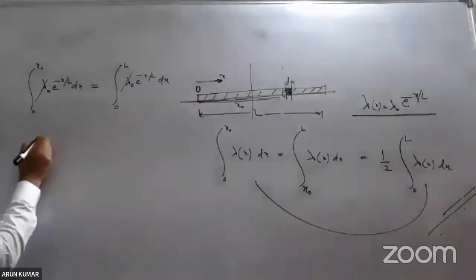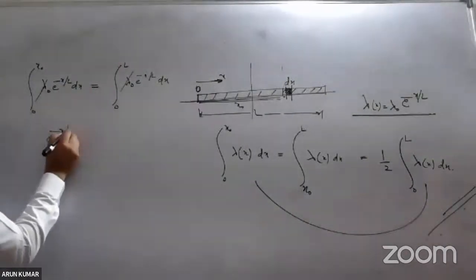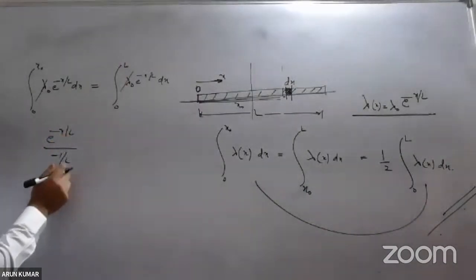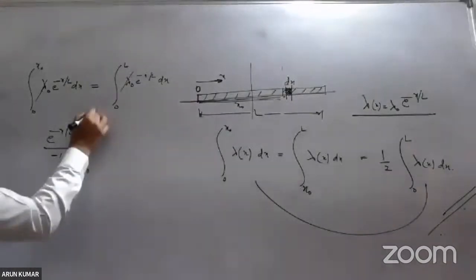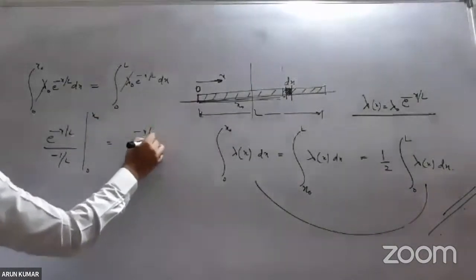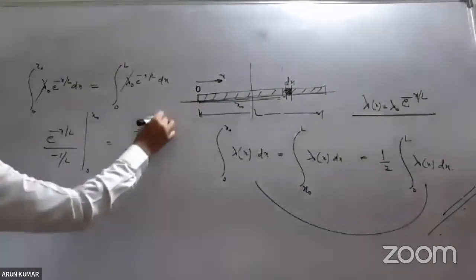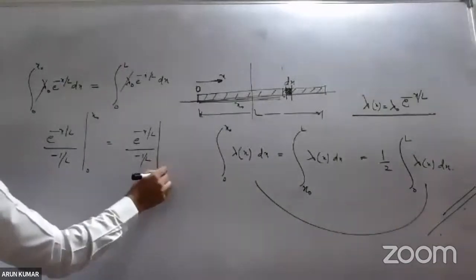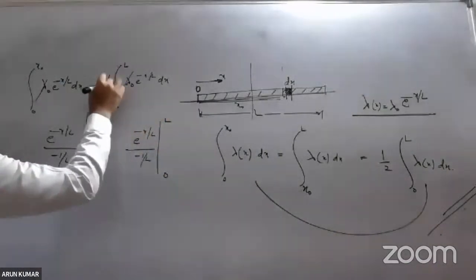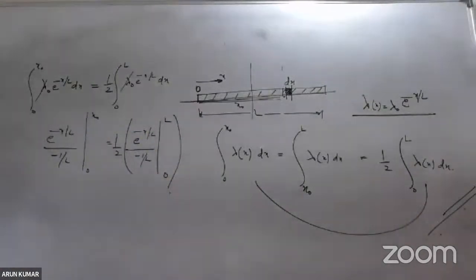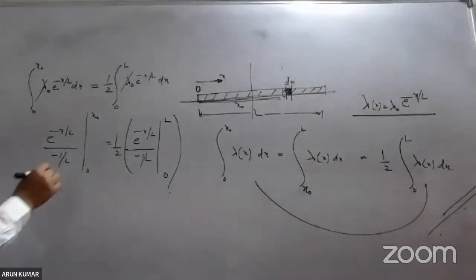So I integrate this: e power minus x by L is e power minus x by L by minus 1 by L, under limits 0 to x naught. Now this is equal to e power minus x by L by minus 1 by L under limits 0 to L, and half of this one. So 1 by L gets cancelled out.